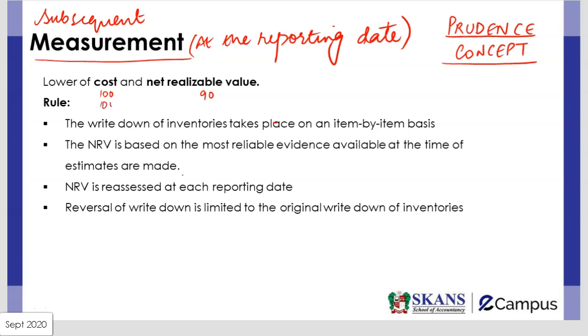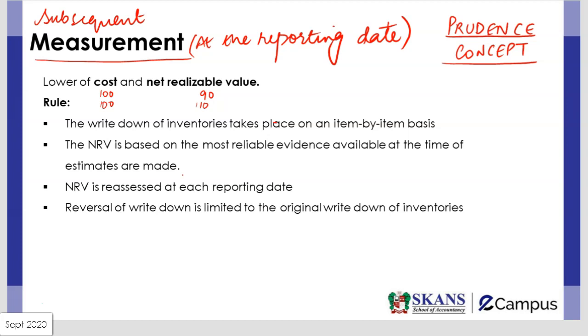But if the cost is 100 and the net realizable value is 110, then the item should still be recognized at cost. Why? Because the company has not yet earned profit on it. And any profit which has not yet been earned should not be recognized in our financial statements, and therefore the assets should not be overstated. So cost and NRV, these are the two items on which the comparison has to be made.